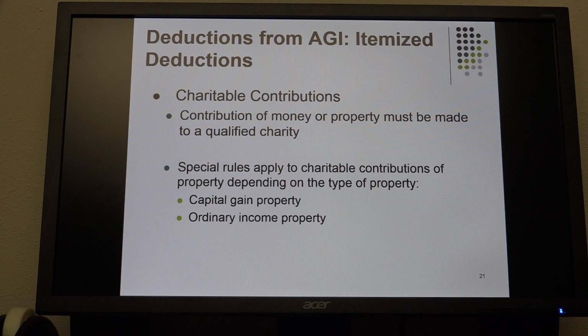So if you have, again, AGI of 75,000, you would be limited to giving 37,500.